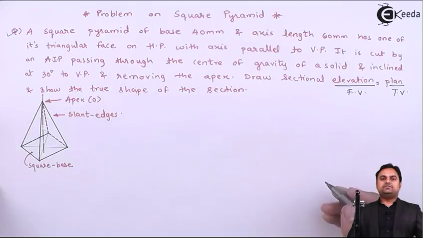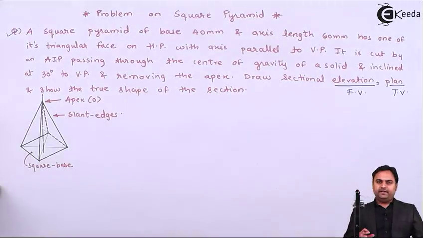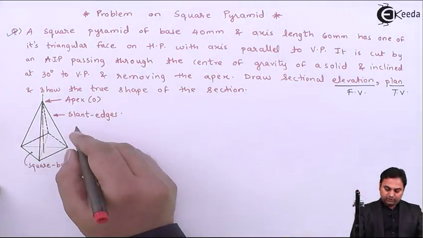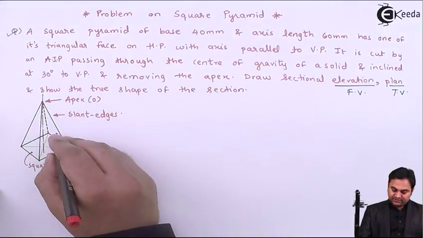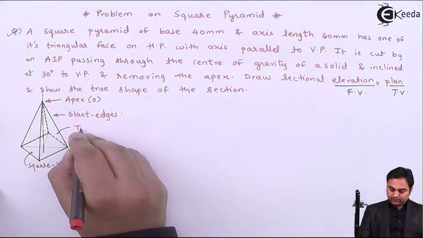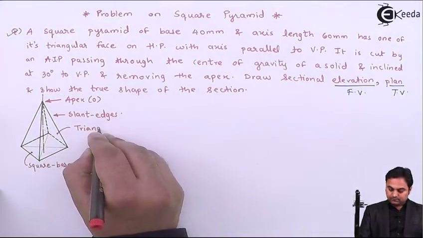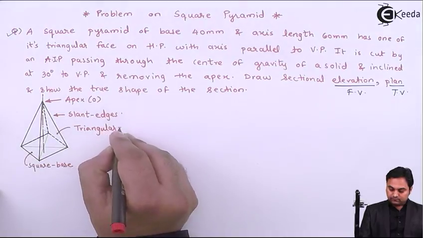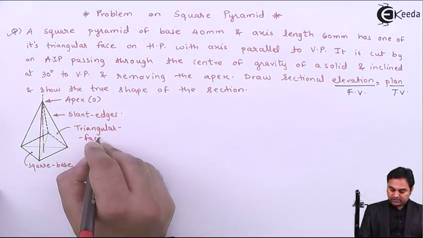Next, since it is a square pyramid, it is having four triangular faces. So these are the triangular faces.